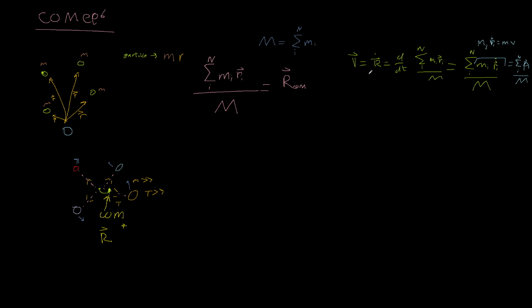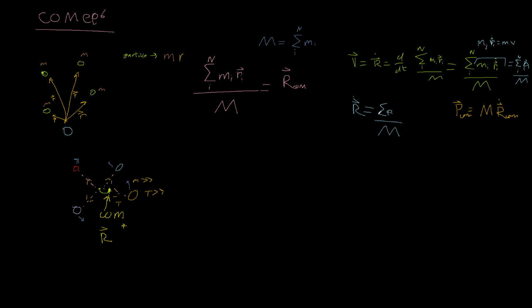And so what is that going to give us? We have R dot is equal to net momentum over M. And let's think about what is the momentum of the center of mass? Well, this is going to be equal to our total mass times the velocity of the center of mass.